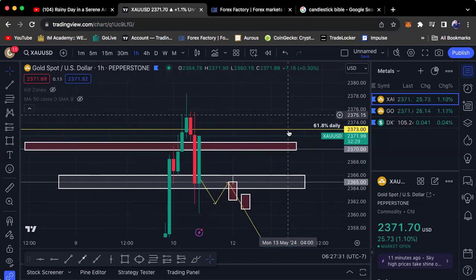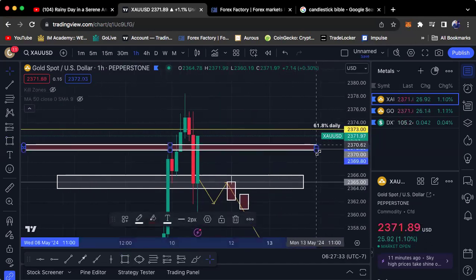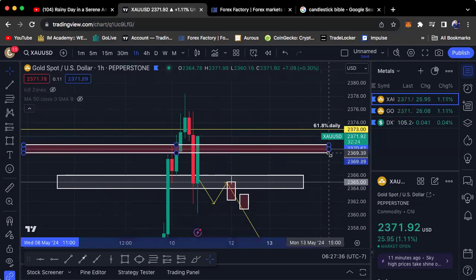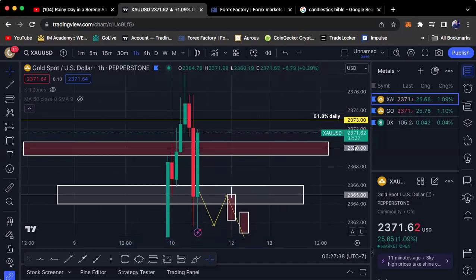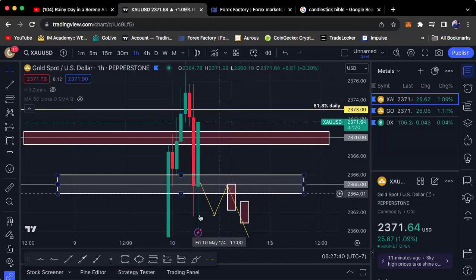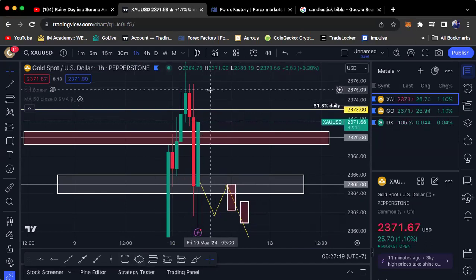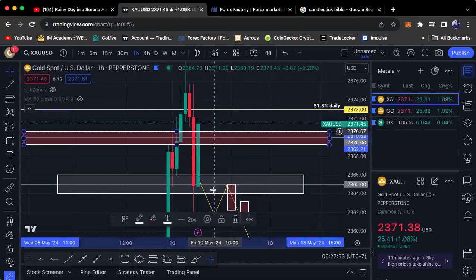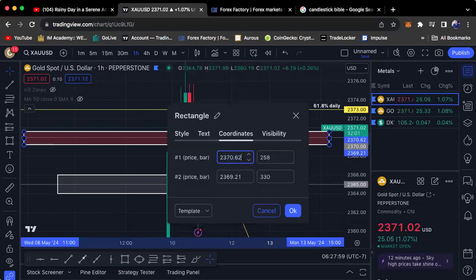It's retesting it. This can be my internal zone. 2370.